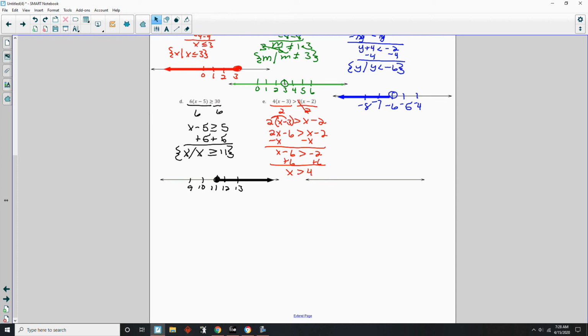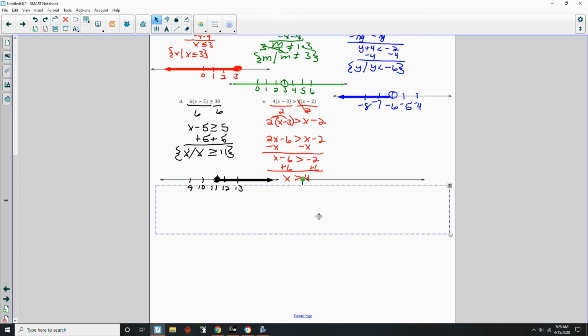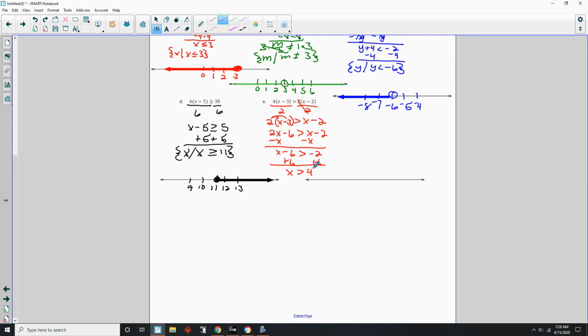Okay, so let's see if that's all connected. It is. Now it's not. Okay, anywho, Control Z, undo. All right. Anyhow, so my solution set would look like a bracket here, the such that symbol, and then a bracket here. So it's the set of all x such that x is greater than 4. My solution was 4, so I'm going to put that there. 5, 6, 3, 2, no equal sign.